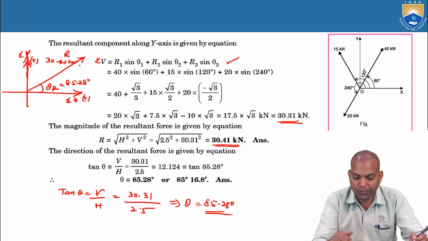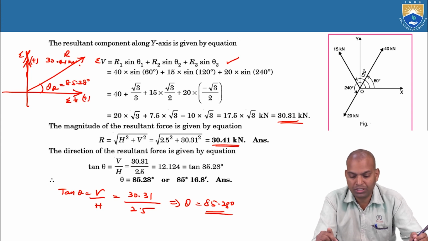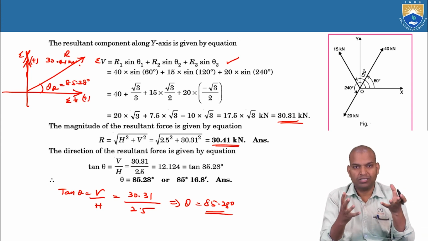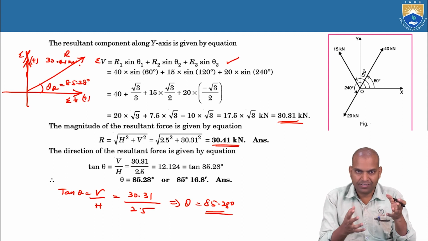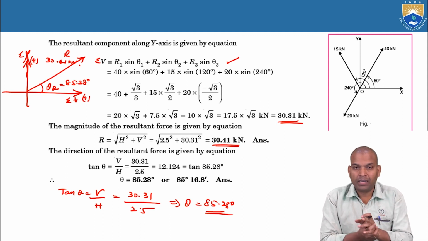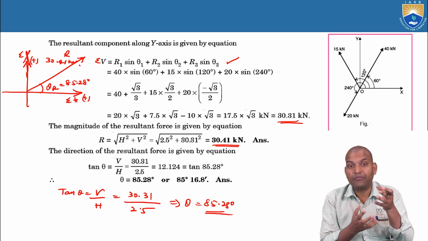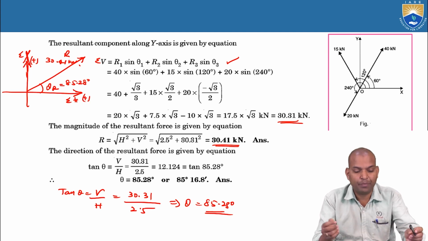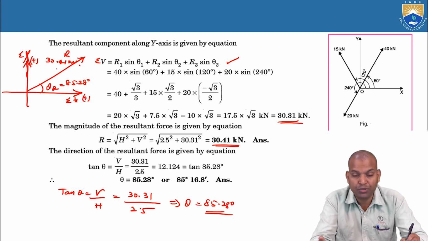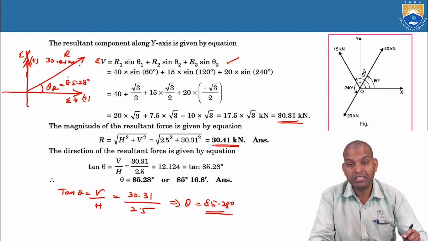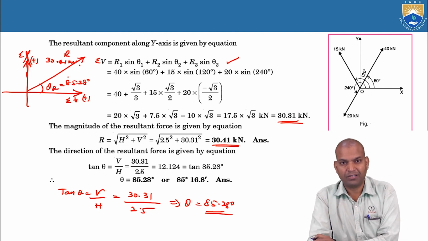The sum of these forces, you see how much? 40 plus 15 is 55, plus 20, 75 kilonewtons acting in total, with different angles. But this 75 kilonewtons effect can be replaced by the resultant force of 30.41 kilonewtons with an angle of 85.28 degrees. The same effect comes.